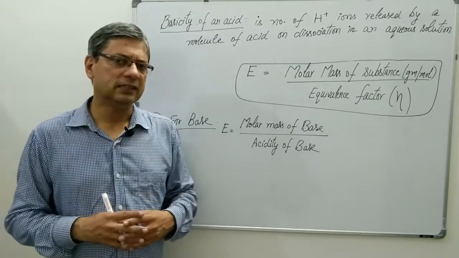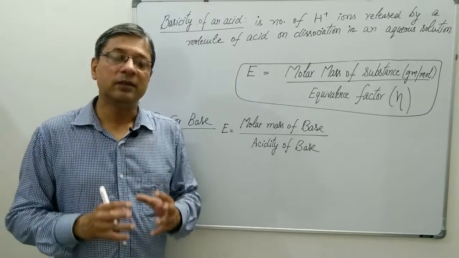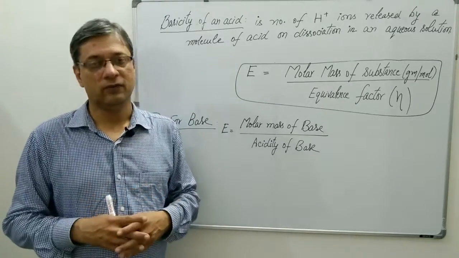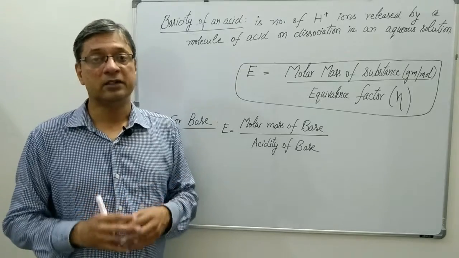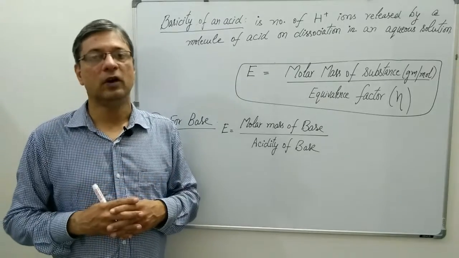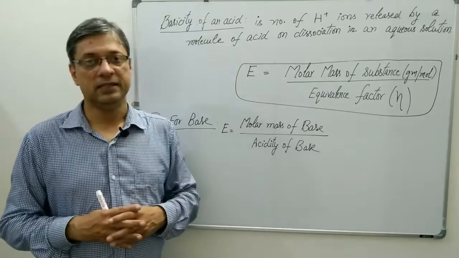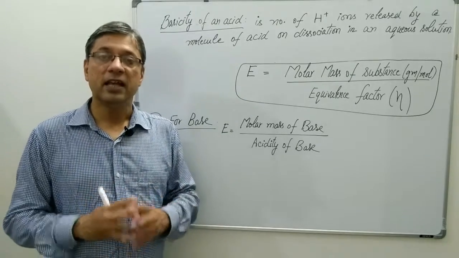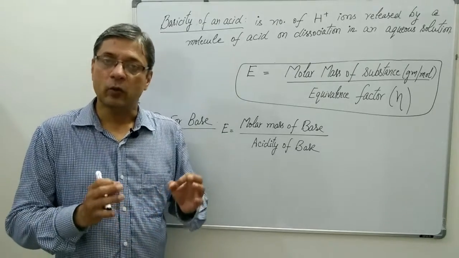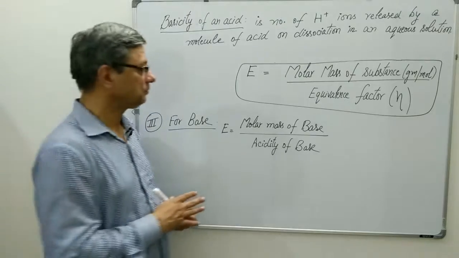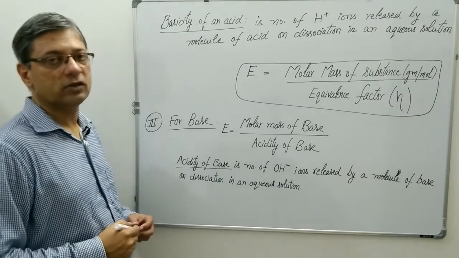Now what is acidity of a base? Acidity of a base is the number of hydroxide ions, OH negative ions, released by a molecule of base on dissociation in an aqueous solution.